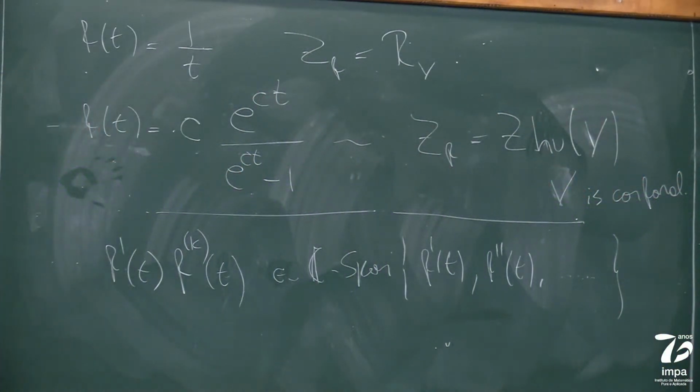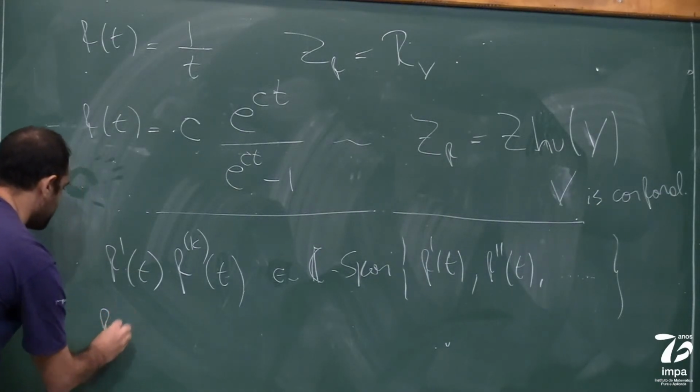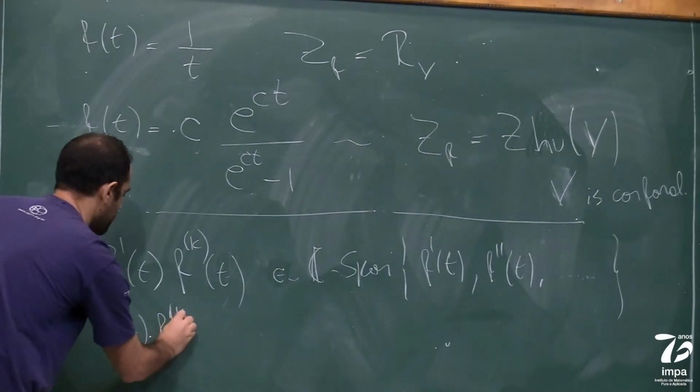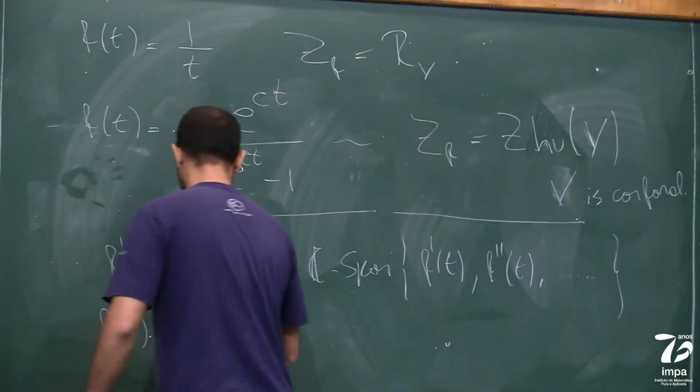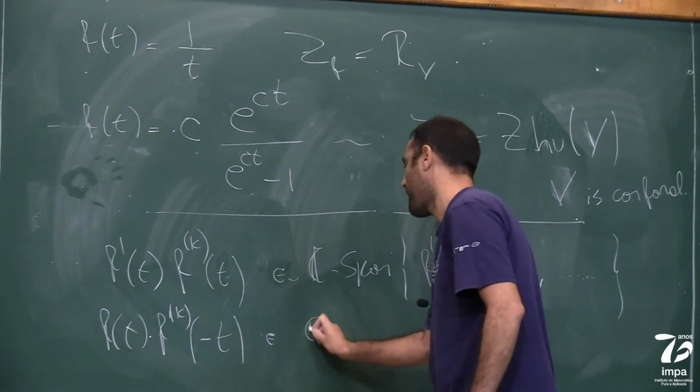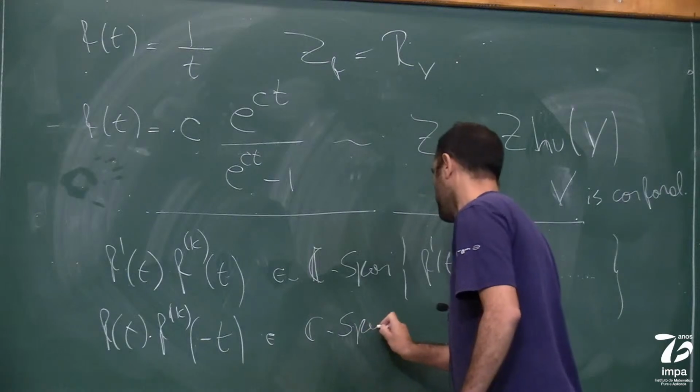And if you ask the question, when is it associative? Then you're going to find another condition: that f of t times the kth derivative of f of minus t is in the C-span of the same things.